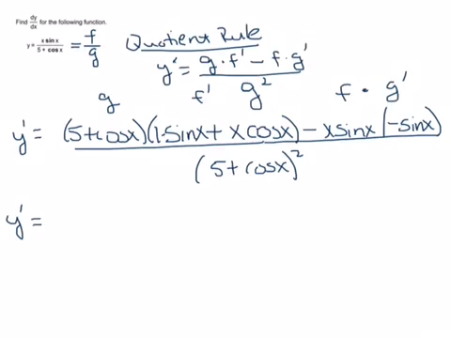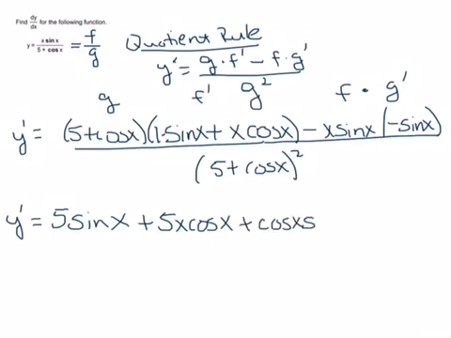Okay, so I think we're just left to distribute the first g through f prime, so we need to FOIL. So 5 times sine of x is 5 sine x, plus 5 times x cosine x is 5x cosine x. Cosine x times sine of x is exactly that, cosine of x times sine of x.